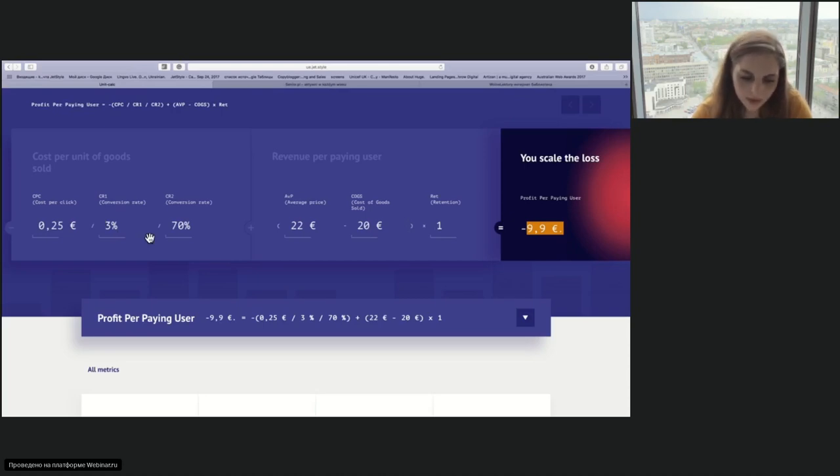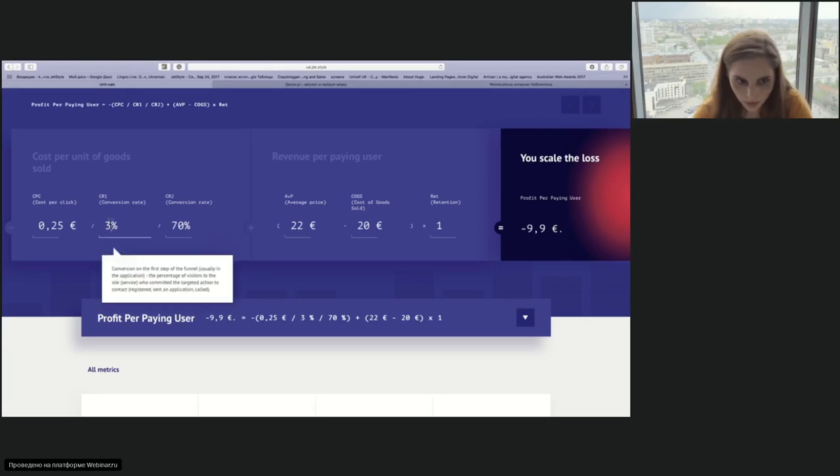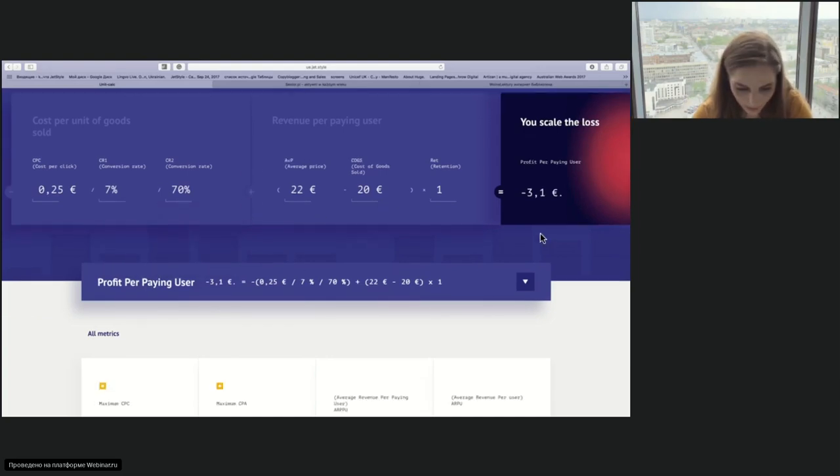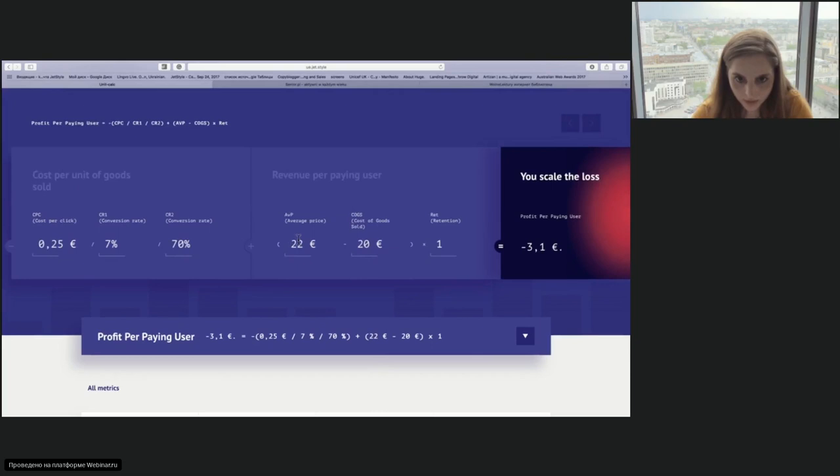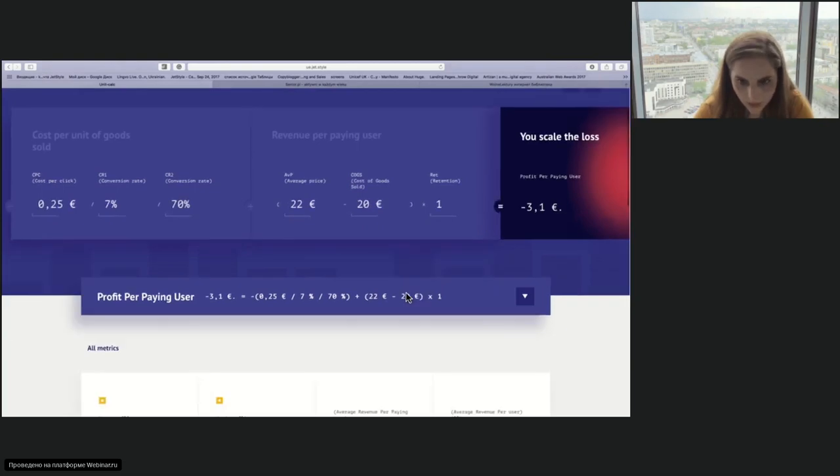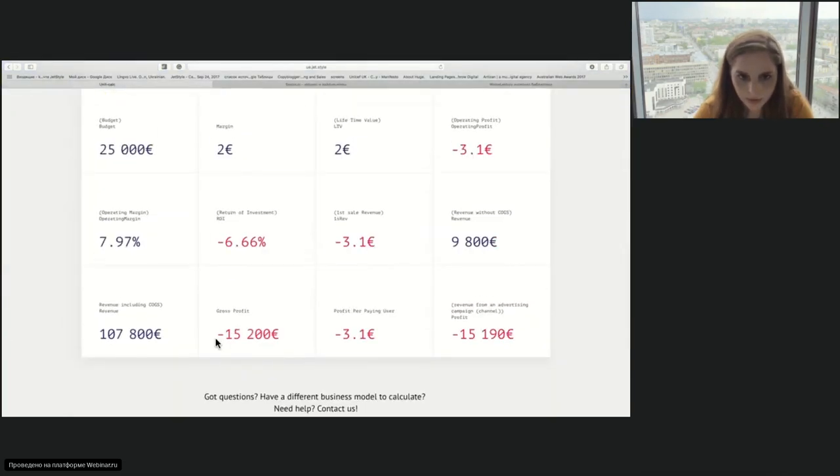If we request no contacts at all at the registration, maybe our conversion rate on the first step will grow, for example, to 7%. Okay, but still, if the margin is so little, only 2 euros here, the business is not profitable. So we have these losses.